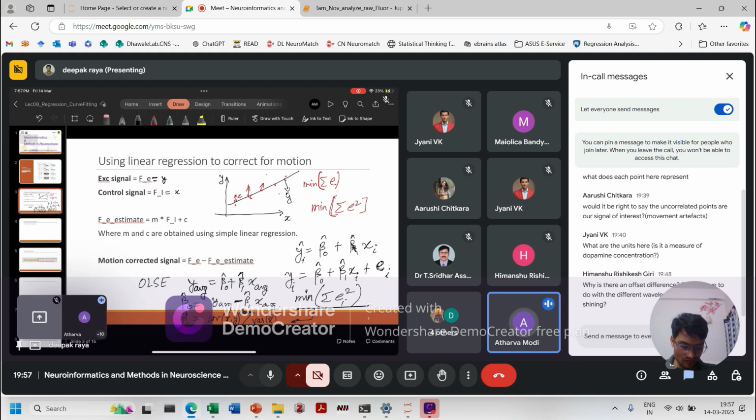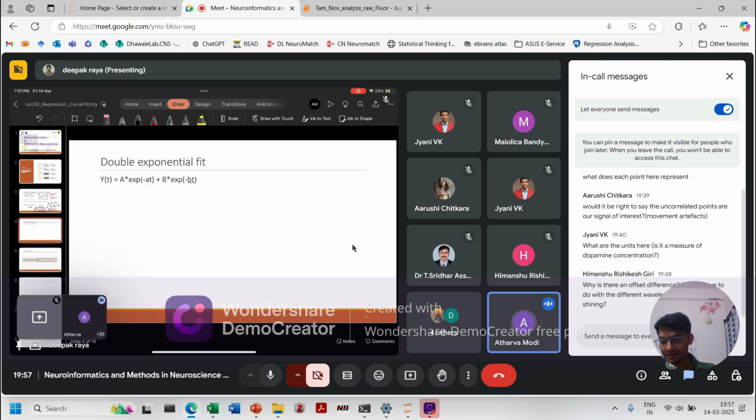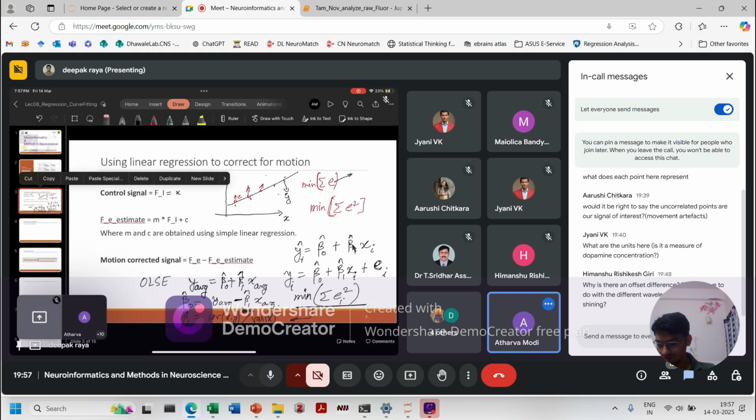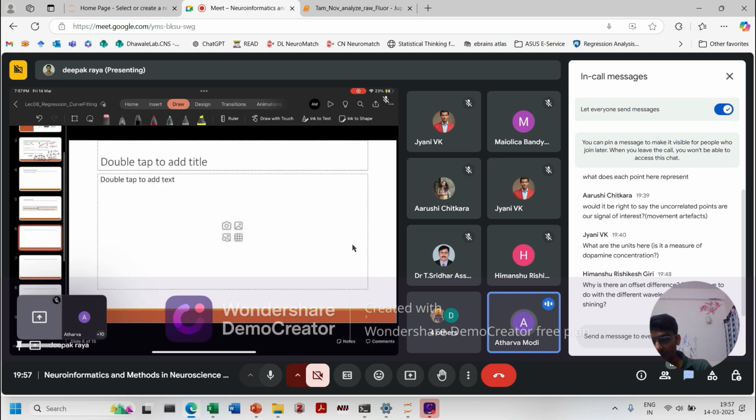So one kind of interpretation is that if you plot these error terms for a good fit, with respect to y.